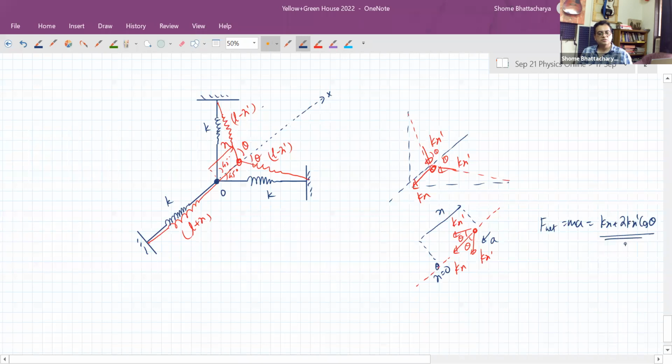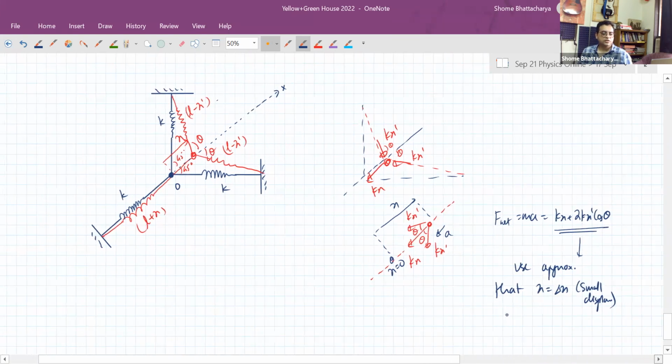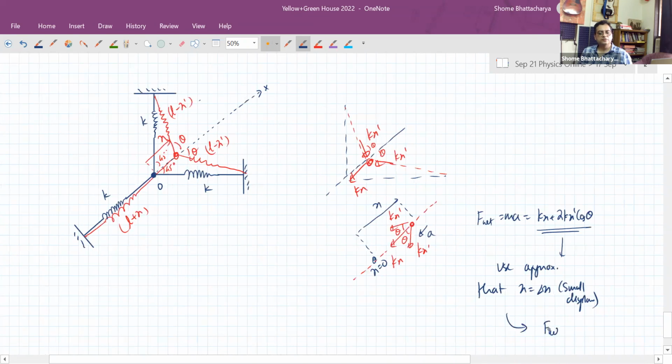Now on this expression we have to use approximation that x is actually delta x. It's a small displacement. So once we do that approximation, we'll be able to show that the net force will be equal to some equivalent spring constant into x.